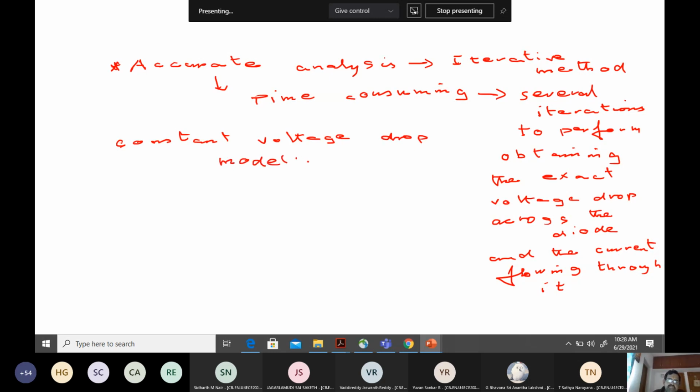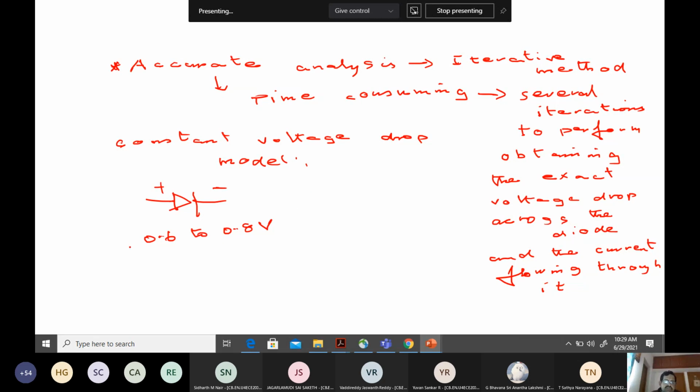I have already stated that for any diode, the voltage drop is typically in this range, 0.6 to 0.9, or more often it is 0.8 volts, depending on the voltage.